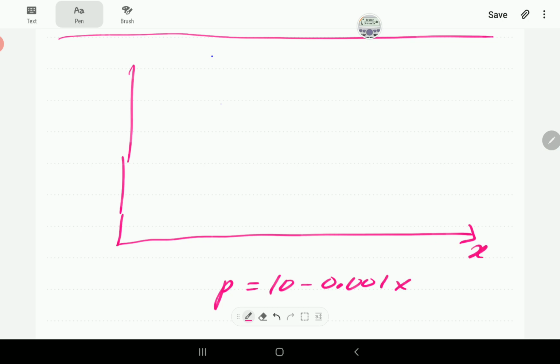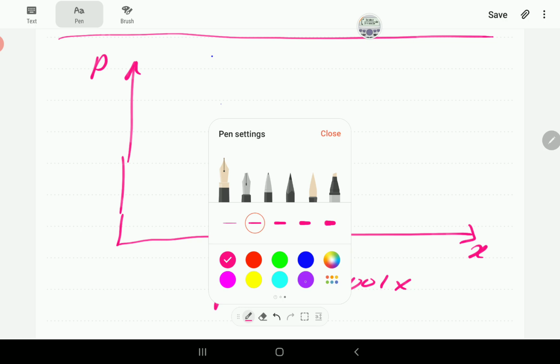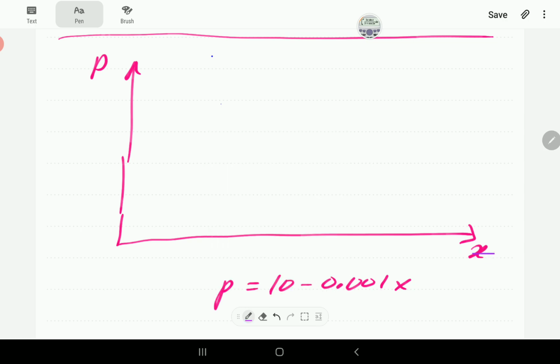So if we've got the number of units this side and the price this side, then for the number of units sold to be 0, the price we need to set is 10.